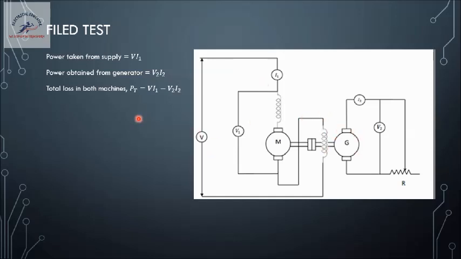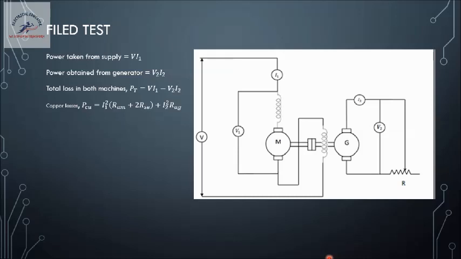This loss will be electrical losses as well as mechanical losses, stray losses, everything. So the total loss in both the machines, PT is equal to V I1 minus V2 I2. And if these two machines are identical, then we can say that the total power loss in each machine is PT divided by 2. Let us find out the copper loss now.